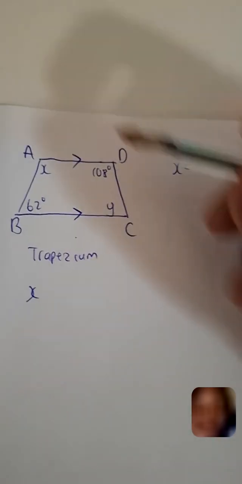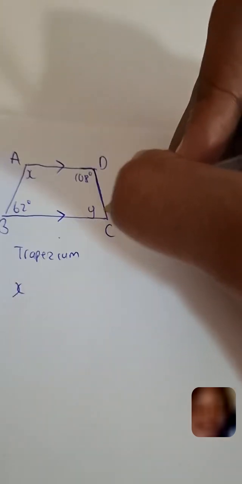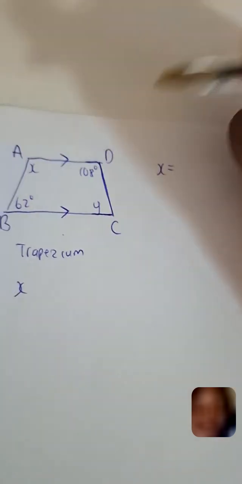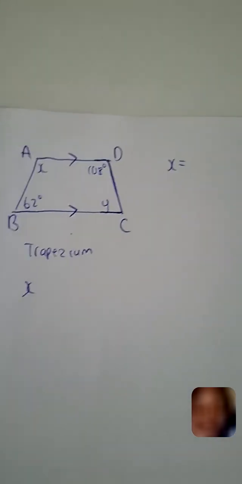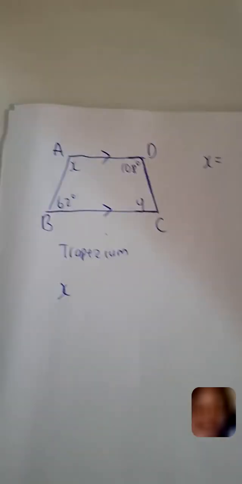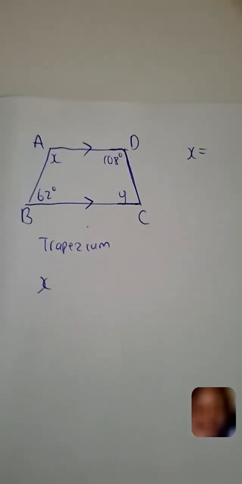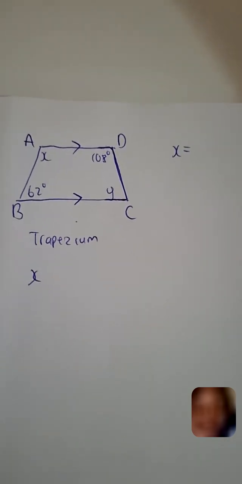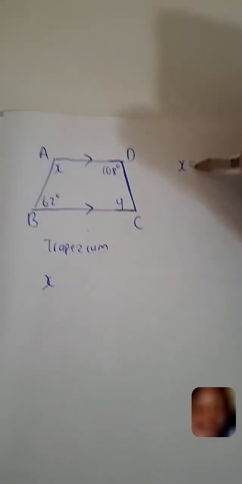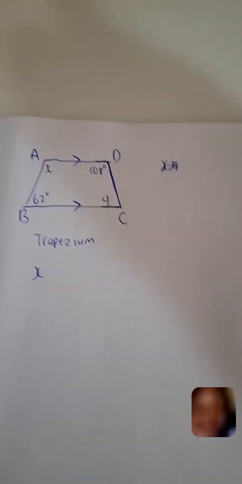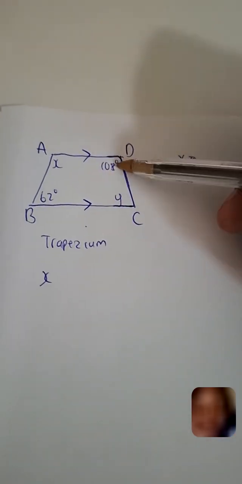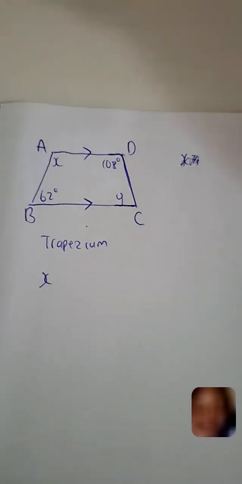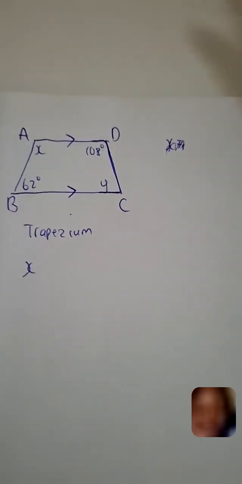Okay, so you said from angle D to C, it forms a U shape. I love you saying that, it touches my heart. So then, because it forms a U shape, what do you want to tell me? Co-interior. Epic. So the relationship that exists between these angles is a co-interior angle relationship.